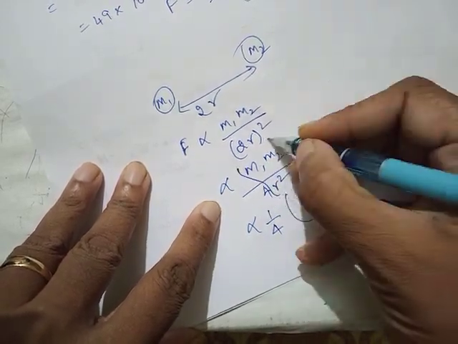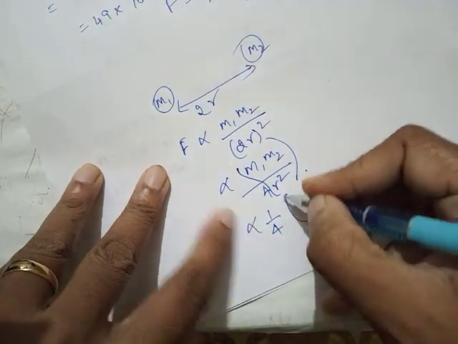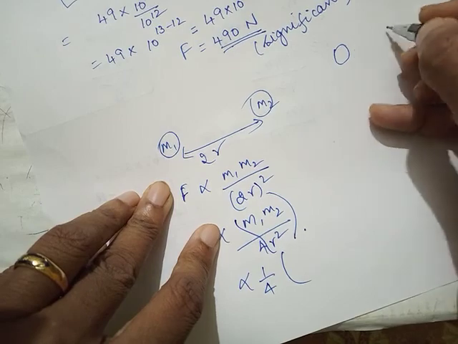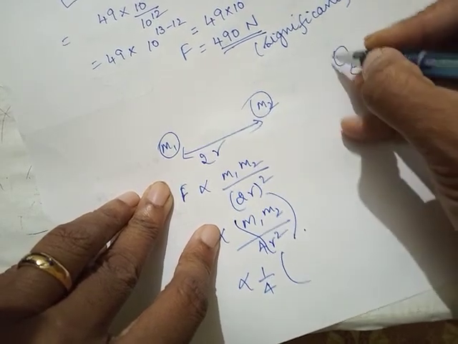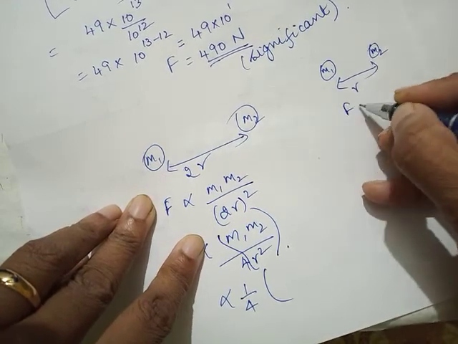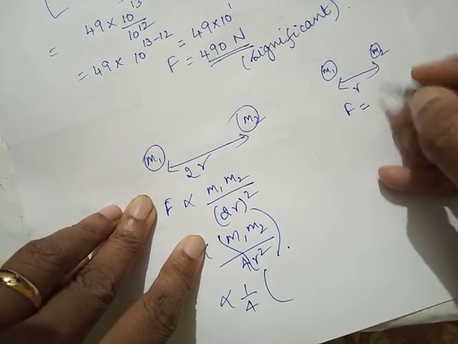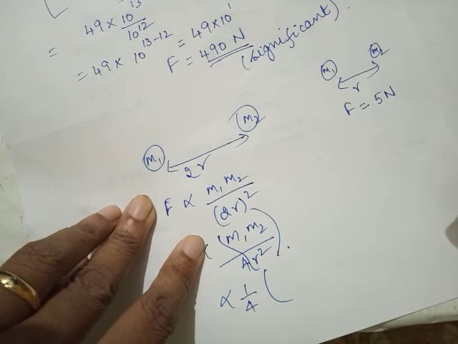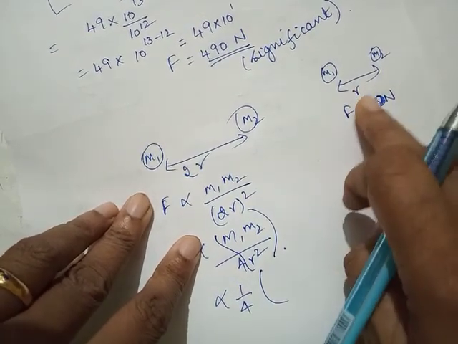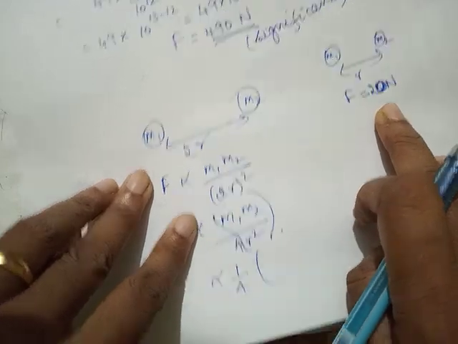See, this is the original value. Suppose when these two bodies were at a distance r, the force of attraction between them was 20 Newton.